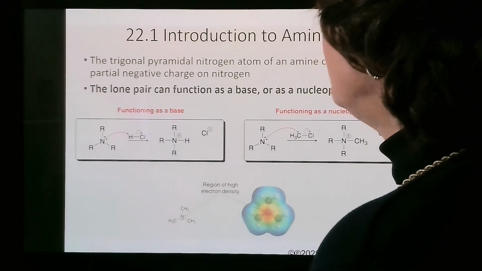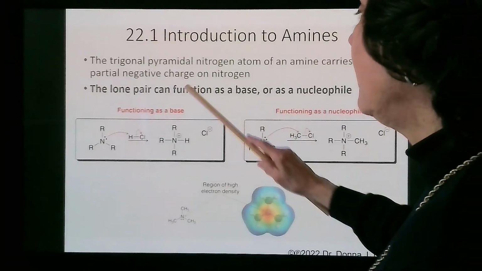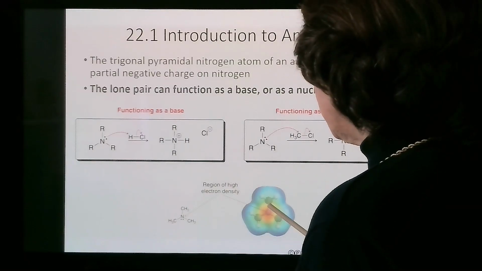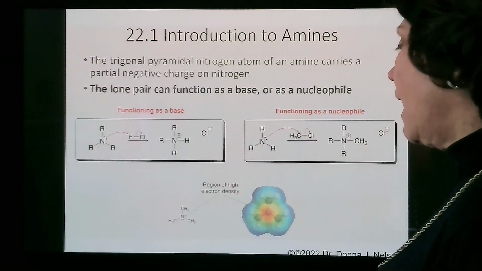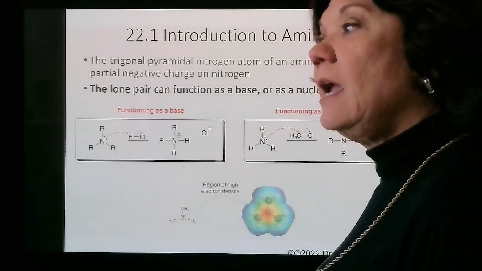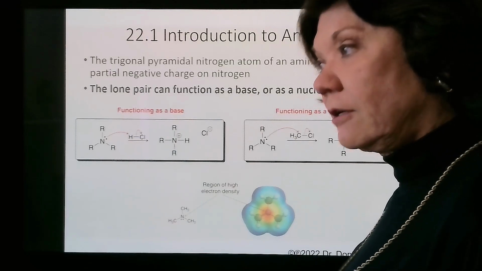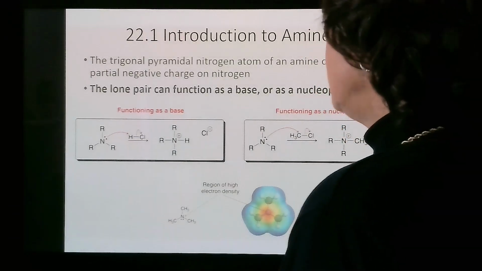The trigonal pyramidal nitrogen atom of an amine carries a partial negative charge on nitrogen, because nitrogen is electron withdrawing. Its electronegativity is just below that of oxygen. Nitrogen and chlorine have about the same electronegativity.